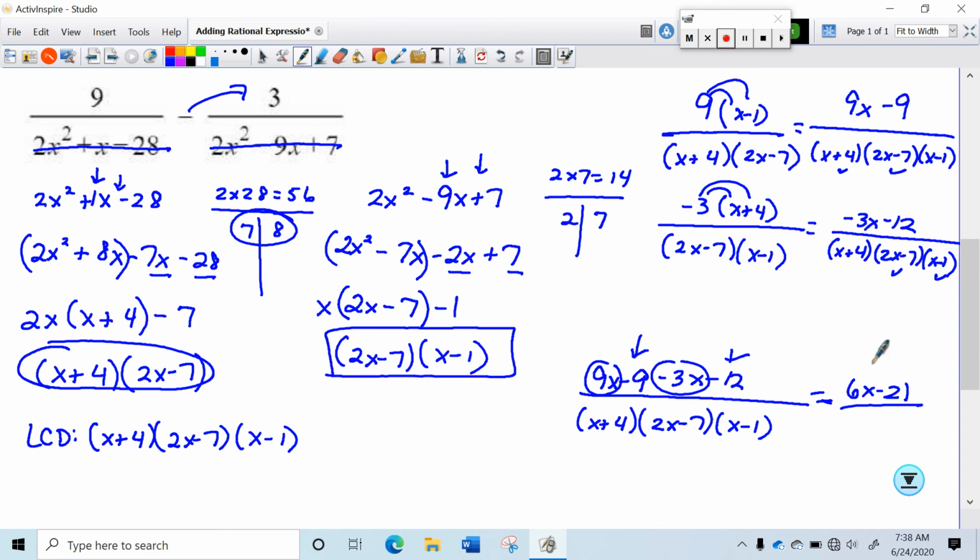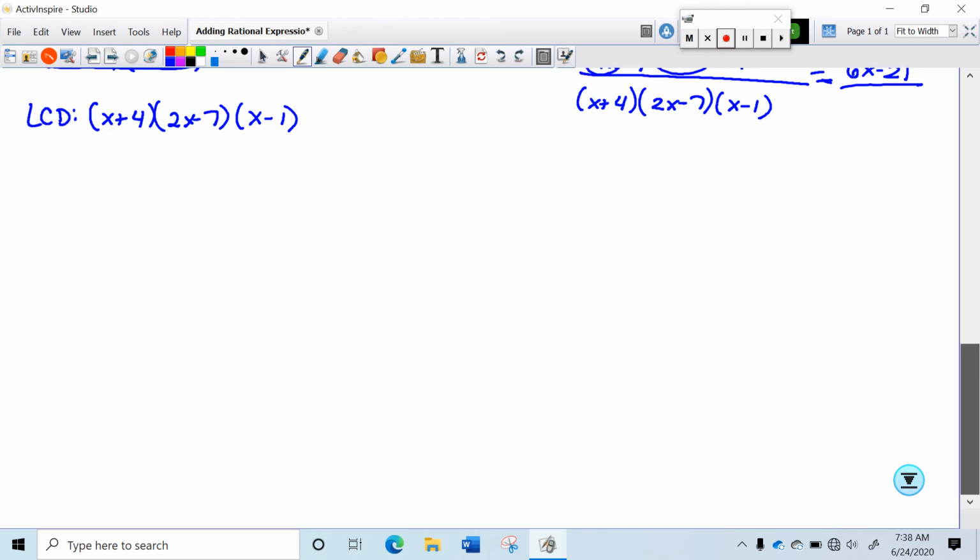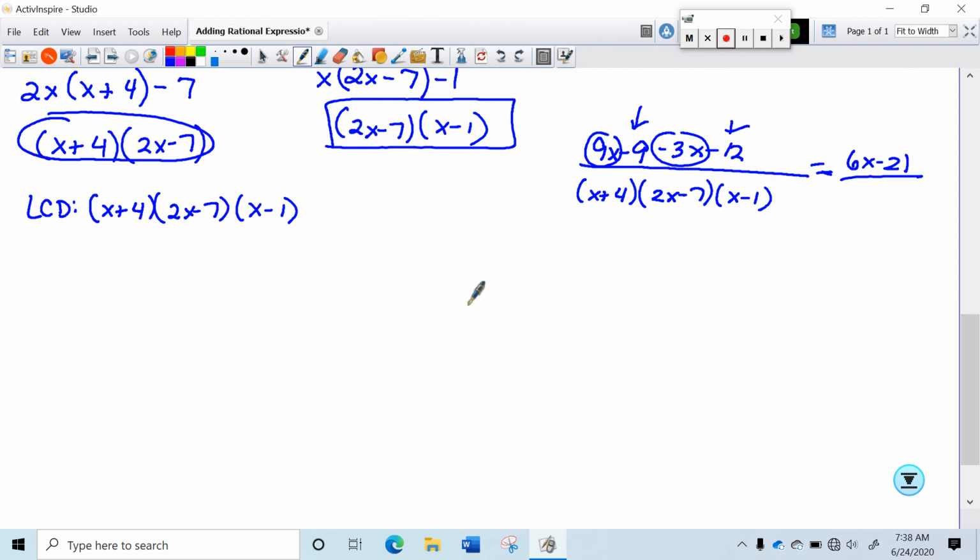And I want my common denominator, but I just ran out of space, so let me rewrite it down here. 6x minus 21 over x plus 4 times 2x minus 7 times x minus 1. Now 6x minus 21, I can actually factor that. Let's come over here. I can take a 3 out and I get 2x minus 7.